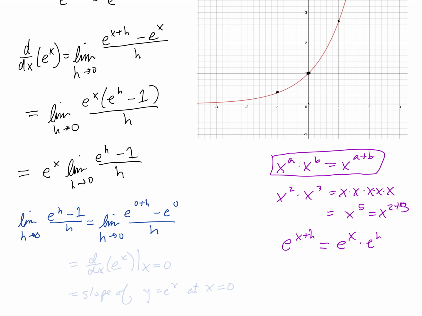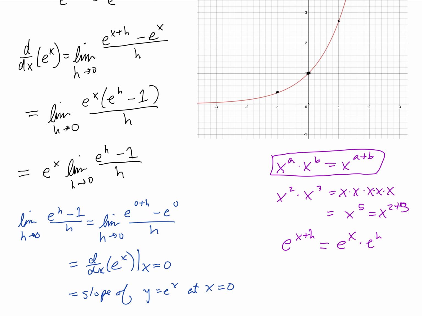And that right there is the definition of the derivative with respect to x of e to the x evaluated at x equals 0. So what is that? That is the slope of the function y equals e to the x at x equals 0.